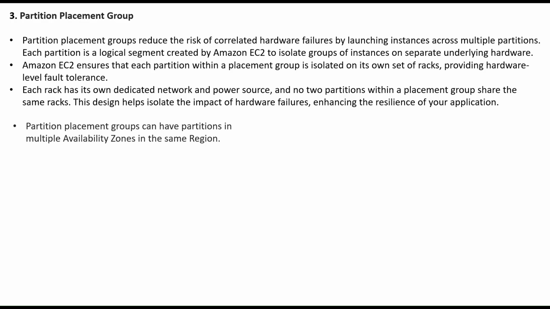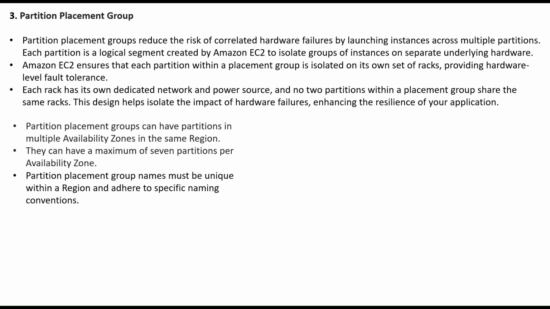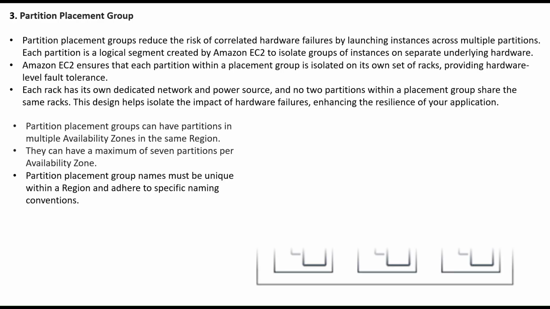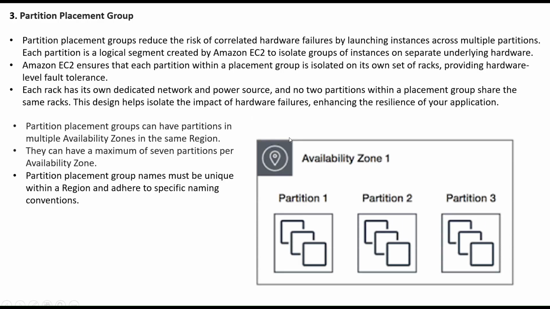A partition placement group can have partitions in multiple availability zones in the same region, and they can have a maximum of 7 partitions per availability zone. So there are some limitations. The partition placement group names must be unique within the region and adhere to a specific naming convention. So this is the rough picture of the partition placement group.